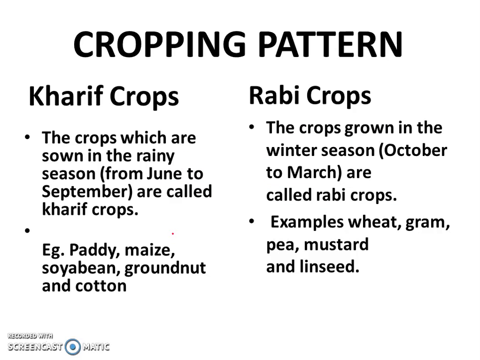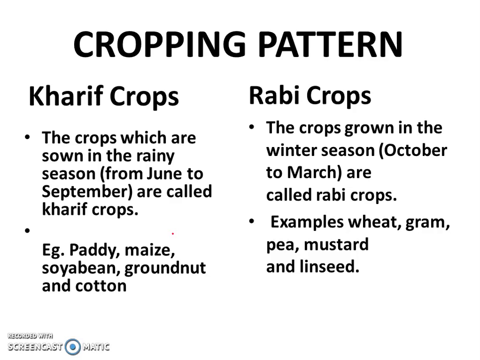Now cropping pattern. In India, there are Kharif crops and Rabi crops. Now we can distinguish these Kharif crops and Rabi crops very easily. The crops which are sown in the rainy season, between June to September, are called Kharif crops.